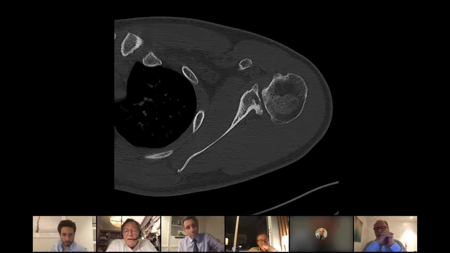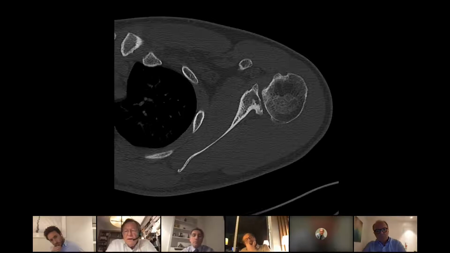Then in a second procedure, the goal is to recenter the humeral head. In the second step, I would go for just a simple hemiarthroplasty to rebalance the shoulder and get the shoulder back into the normalized glenoid cavity.